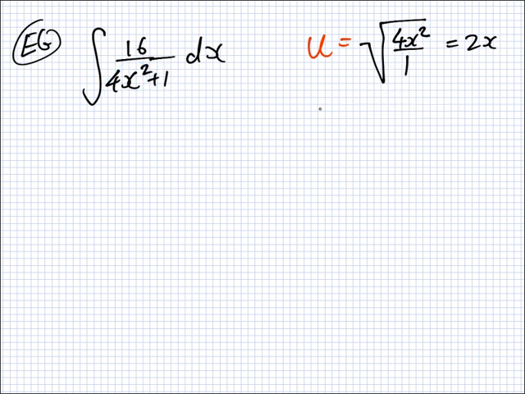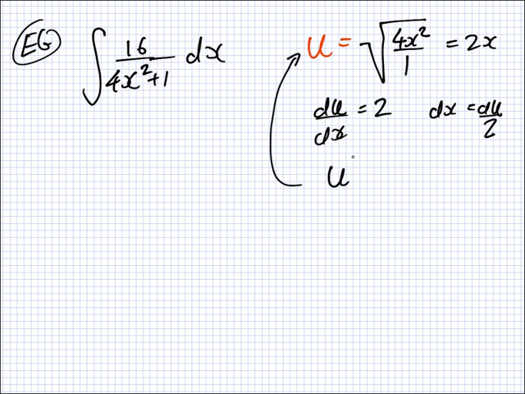Okay, so watch. What does du dx equal? 2. So what does dx equal? du over 2. Also, if u equals 2x, what does u squared equal? 4x squared. And so what does u squared plus 1 equal? 4x squared plus 1.